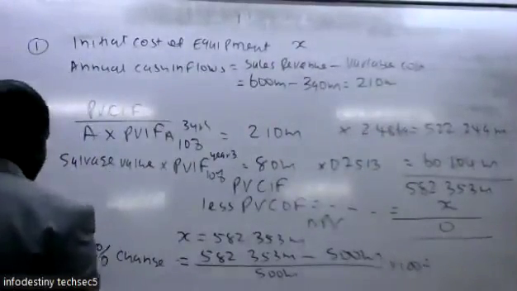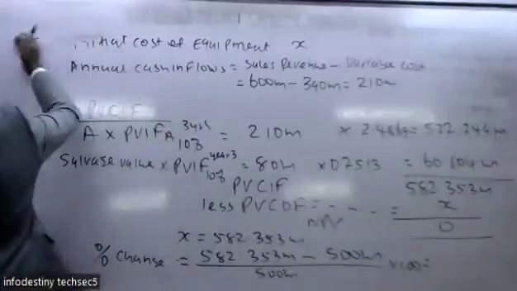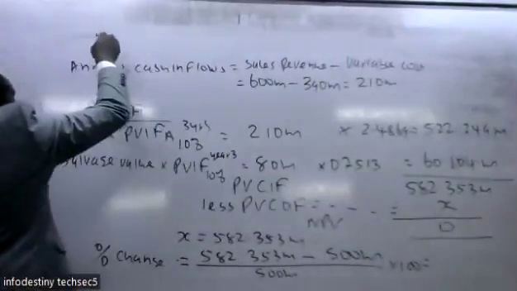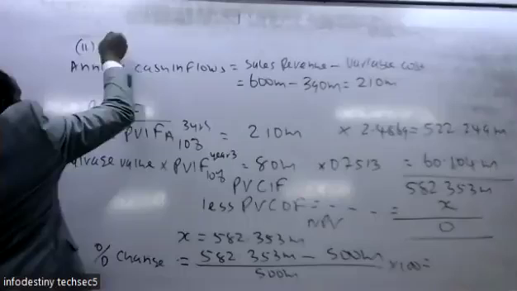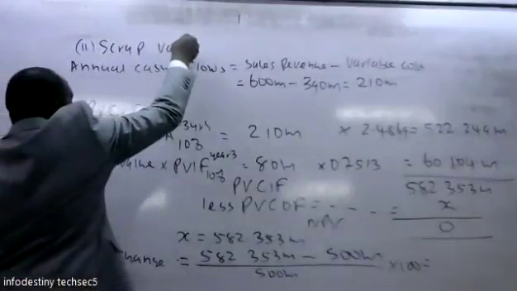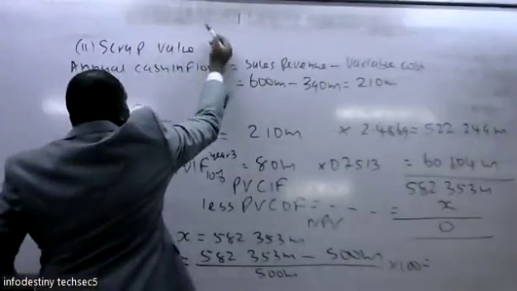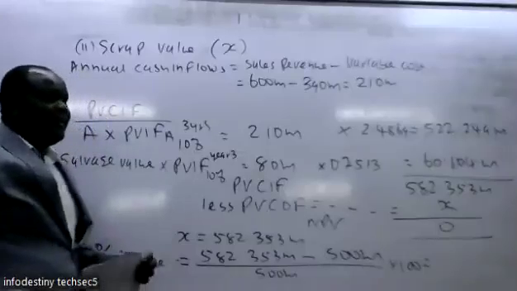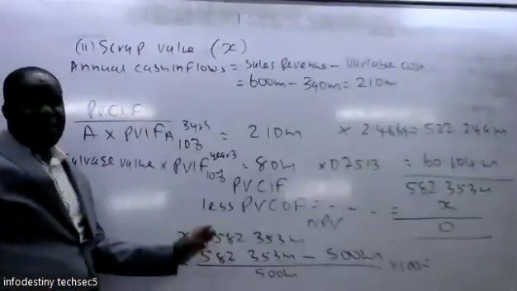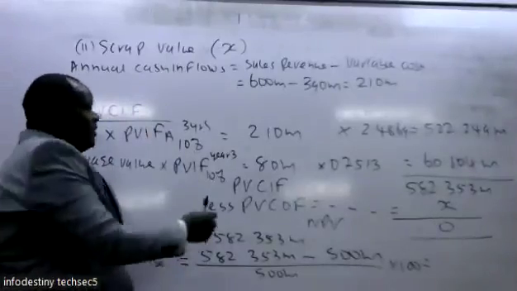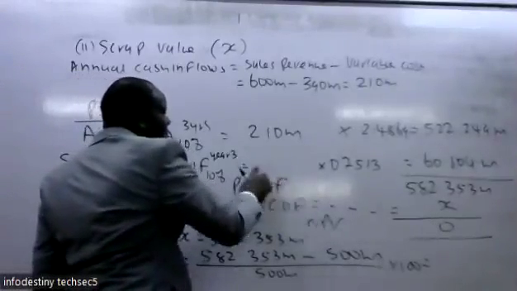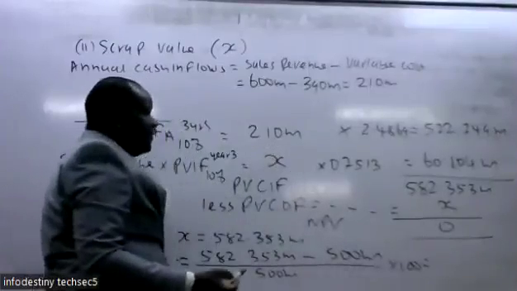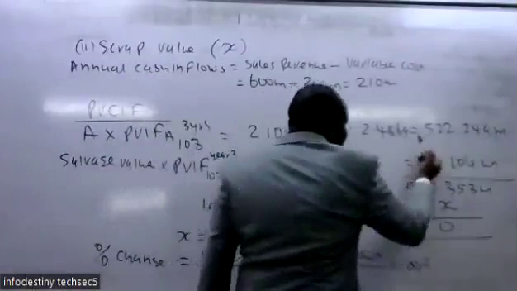So that scrap value is now the one we make as X. So everything remains, but now you only change this one. You see the scrap value was 80 million. We change it to X. So the rest remain the same.